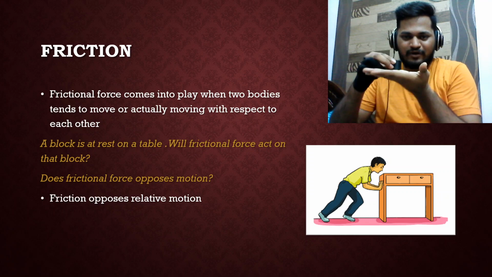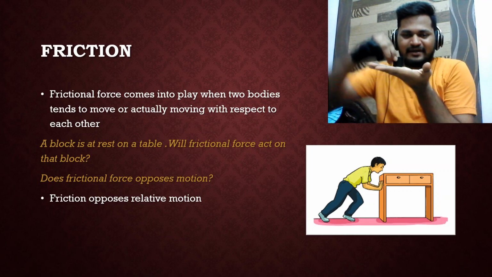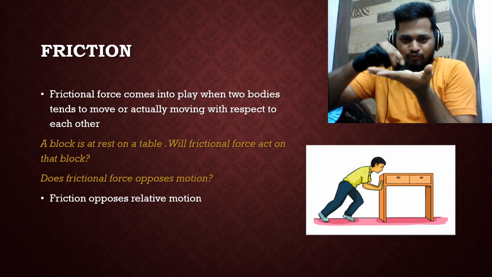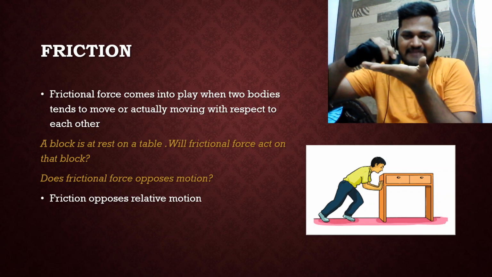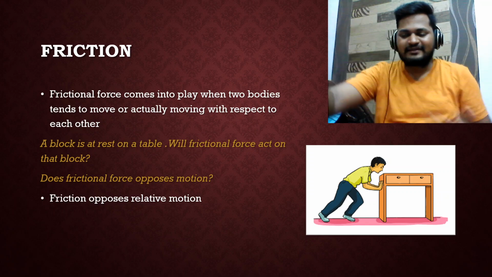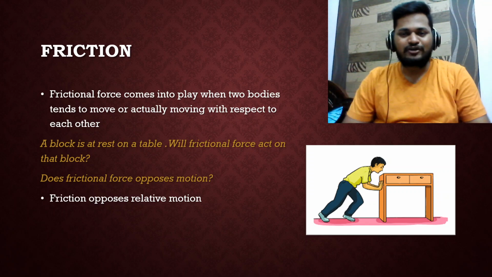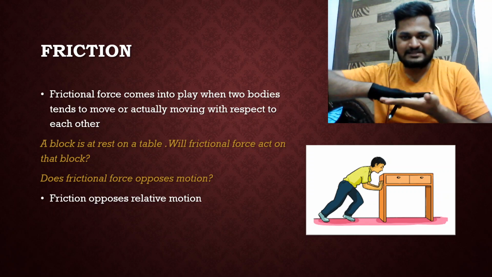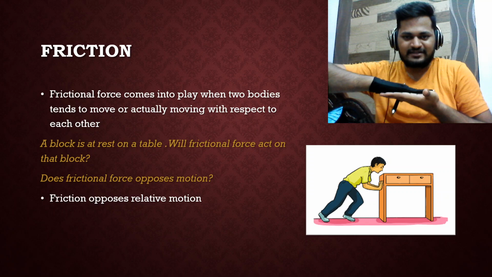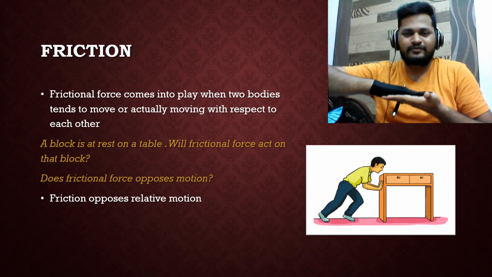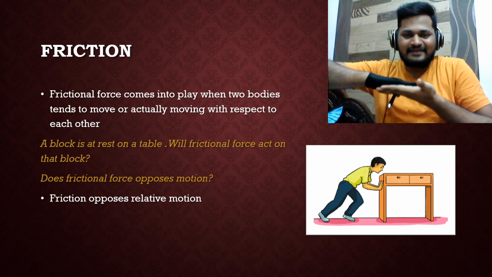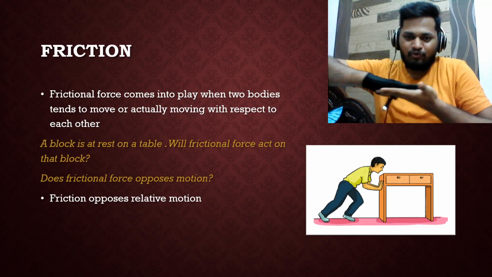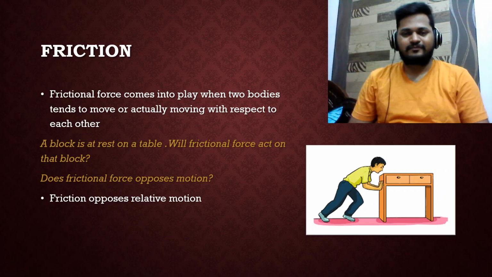This body is on the other body, and when it is trying to move or actually moving, then friction comes into play. So for friction to come into play, there should be two bodies. They should be in contact with each other because frictional force is a contact force, and they should try to move or be moving with respect to each other.